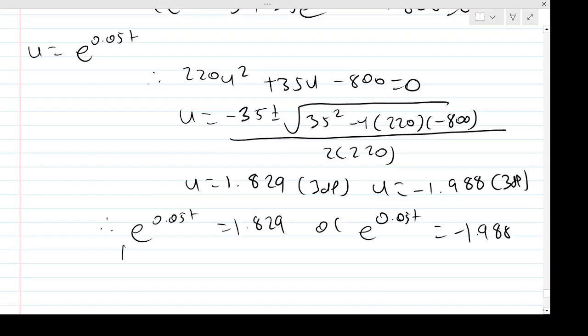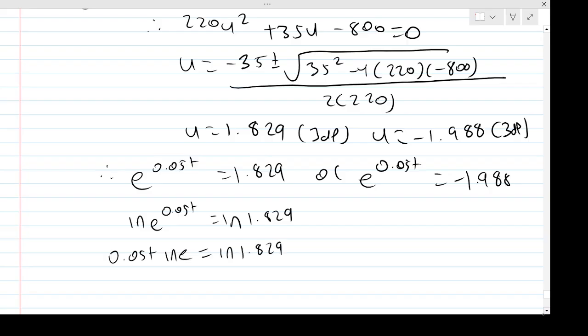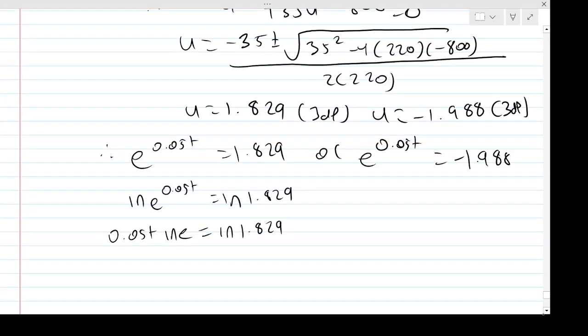Well, this equation, firstly, I can just take logs at that point. So then, ln e to the 0.05t is ln 1.829. So then I can bring the coefficient to the front of the log, to then get that 0.05t ln e is ln 1.829, but of course ln e is just 1, so simply 0.05t is equal to ln 1.829.